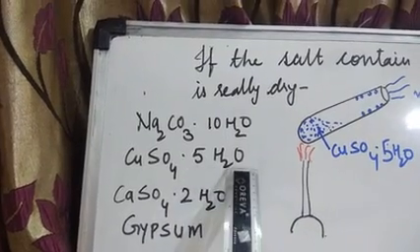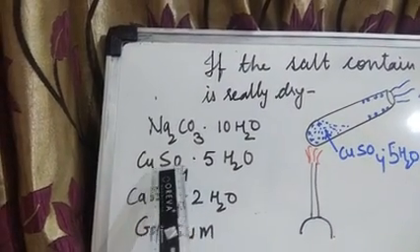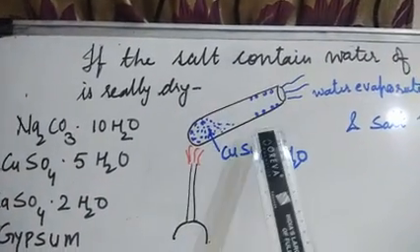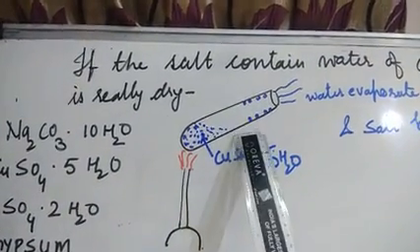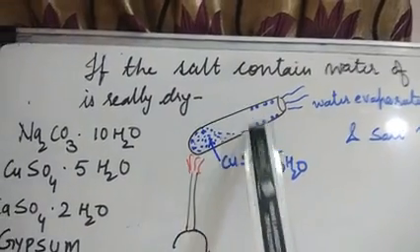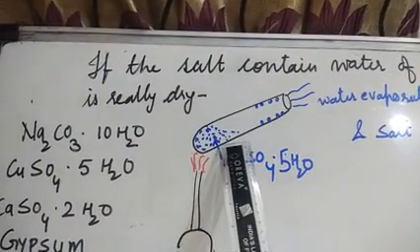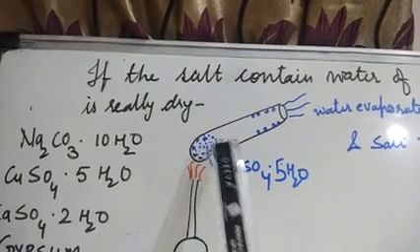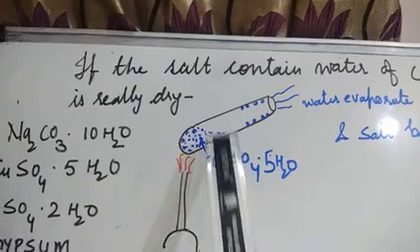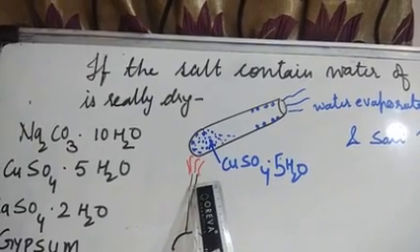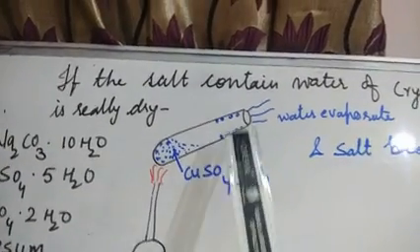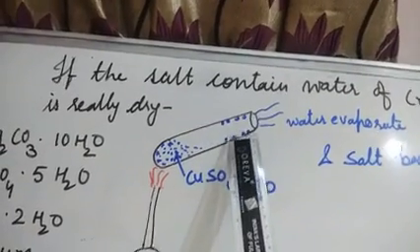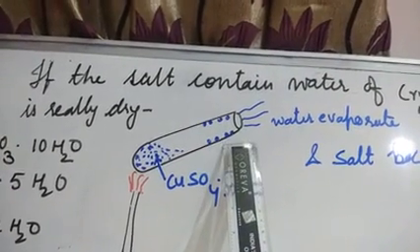It is pentahydrate. So I am taking this copper sulfate in a boiling tube, the test tube used for boiling. It is in solid form, without water. Its color in the solid form is blue. And as it is heated, we observe on the mouth of the test tube some droplets of water.